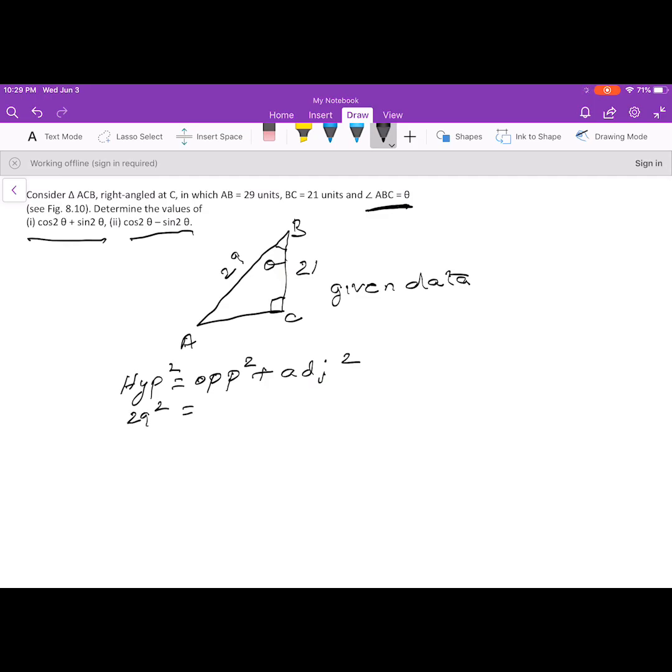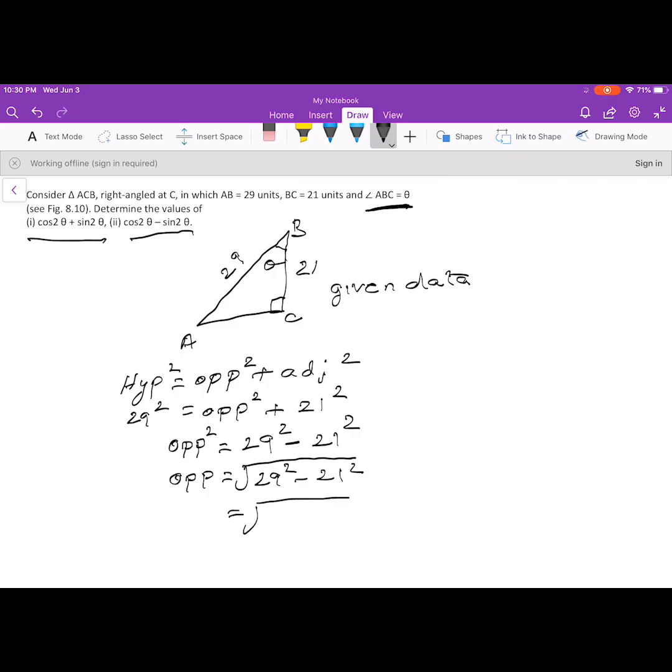So 29 square is equal to opposite square plus 21 square. Taking 21 square to the other side, opposite square equals 29 square minus 21 square. Taking the root to remove the square, opposite equals root of 29 square minus 21 square.